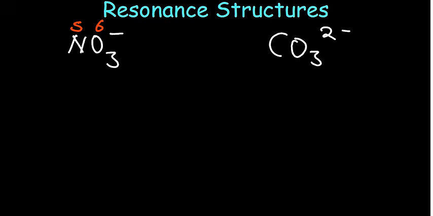So nitrogen, to make it 8, since it has got 5, it will need 3. Okay? And then we expect that for oxygen, it needs how many? It needs 2. Now, since there are 3 oxygen atoms, it will be 3 by 2, giving us what? 6. Now, the negative sign indicates that we had gained an electron.